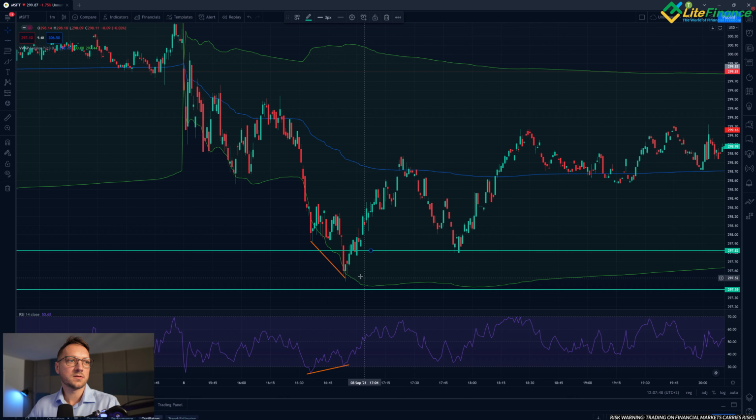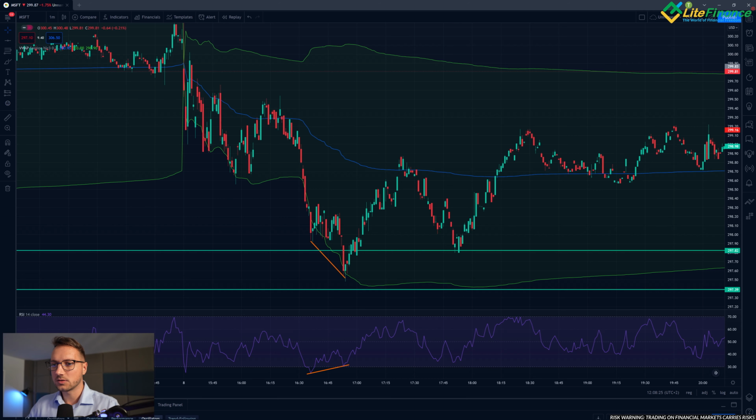So if you, for example, enter here, you measure this distance, right? So it is 42 points, so 84 points as for the take profit. So yeah, that is basically it as for the strategies and the usage of this in day trading.